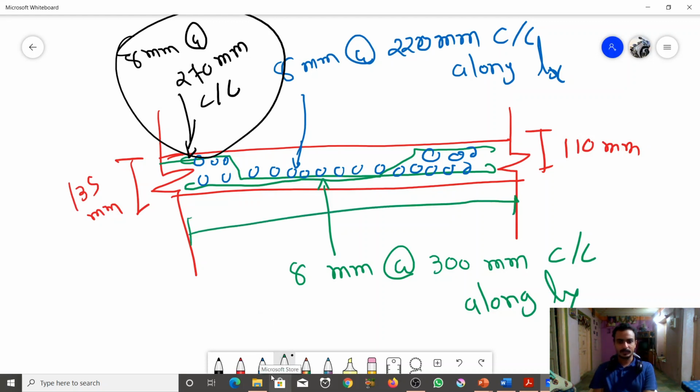Here is the clear span along Lx, 3880 mm. The clear span is given. These are the cross sections of the slab with reinforcement detailing.